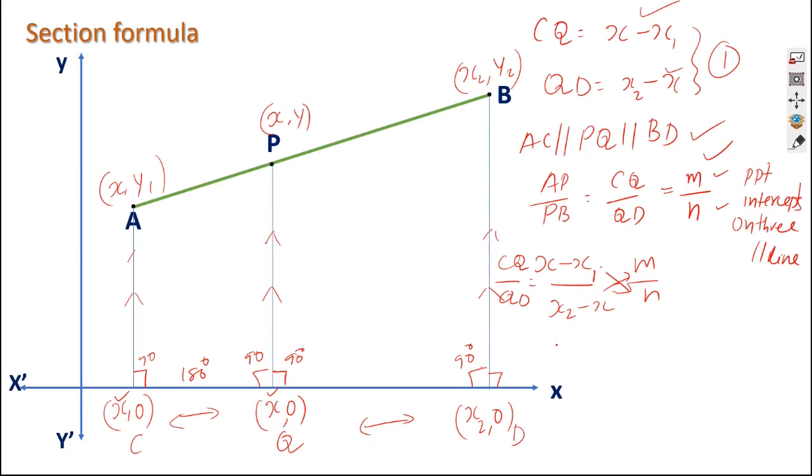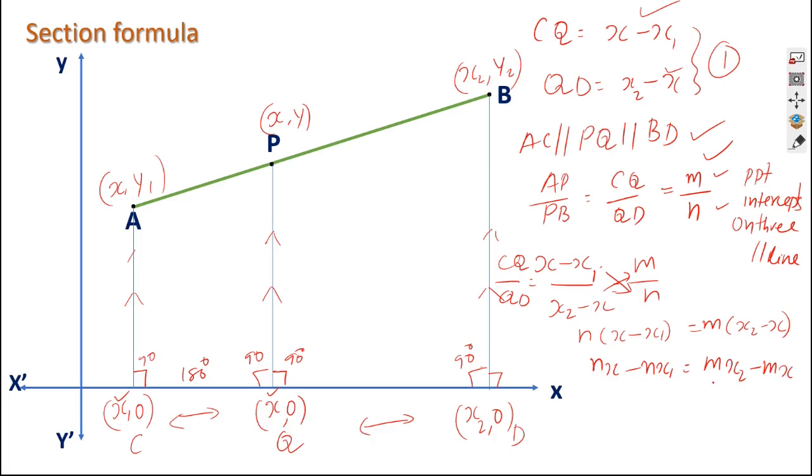So we will write it in the form of n(x − x1) = m(x2 − x), right? If I think of rearranging it in such a way, I can write this as nx − nx1 = mx2 − mx, right?